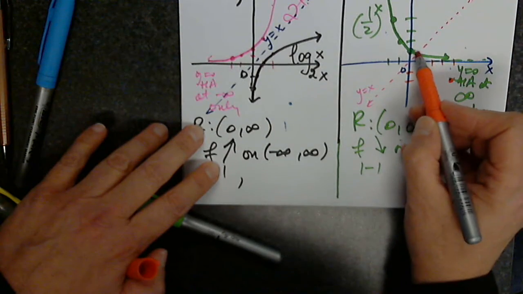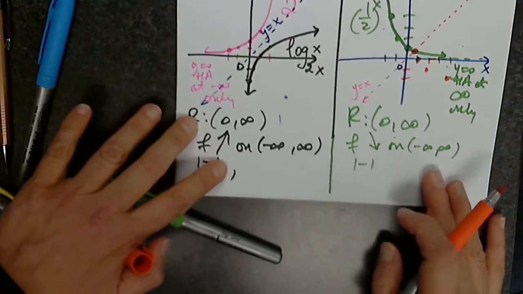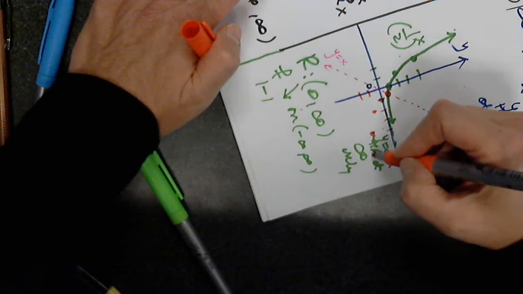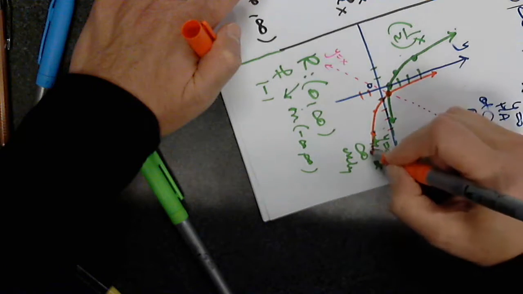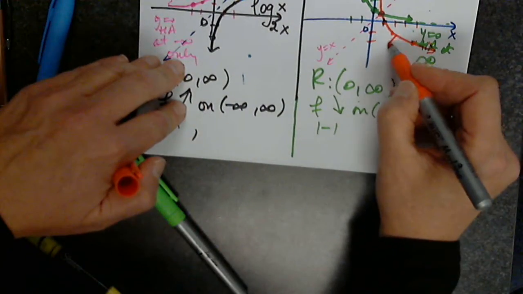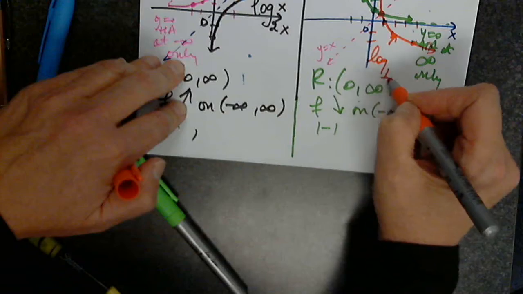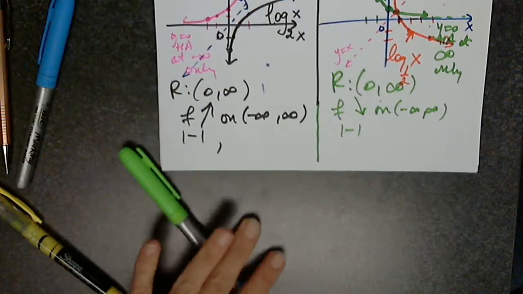Yes. And this point, whatever that is, it will not go anywhere. It has to be part of both functions. Okay, so this will be log base 1/2 of x. And we'll talk about it when we get to that.